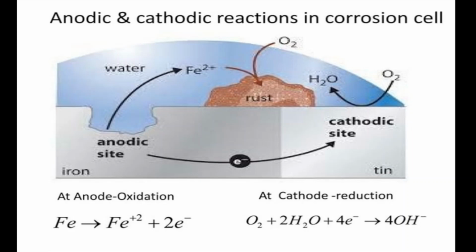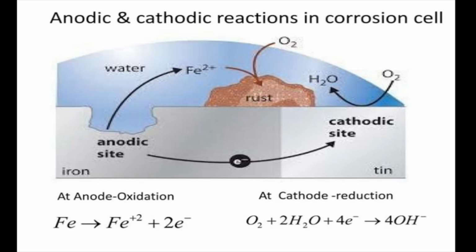When that occurs, at the anodic side the iron dissociates to Fe2+, and 2 free electrons are released. In the cathodic reaction, oxygen plus 2H2O plus 4 electrons create 4 OH minus. In the aqueous medium, which is electrolyte in nature, when the Fe2+ is released, the environmental oxygen also comes into the picture.